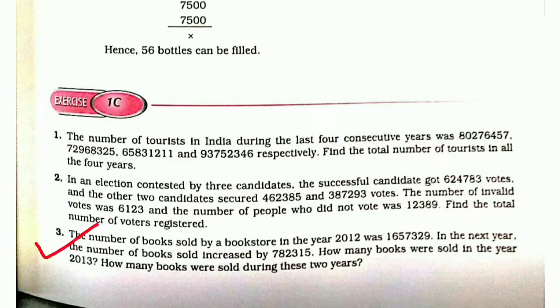Here in question number 3 you can see the number of books sold by a bookstore in the year 2012 was 16,57,329. In the next year, the number of books sold increased by 7,82,315.